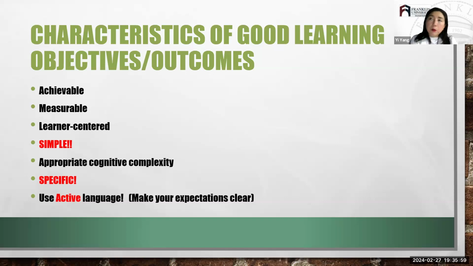So for an undergrad course, you may want them to define, to describe, which is the lower level of Bloom's taxonomy. But if you're creating a graduate course, they should be at a higher level of Bloom's taxonomy. They need to be able to apply the knowledge, to be able to create something. They need to be able to analyze the complex subject. So that's what it means by cognitive complexity.